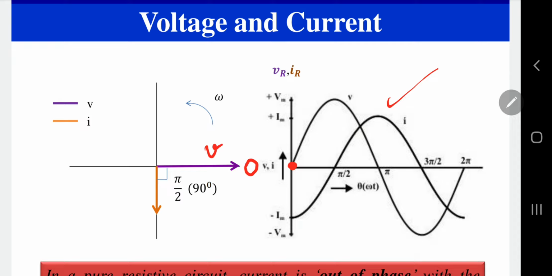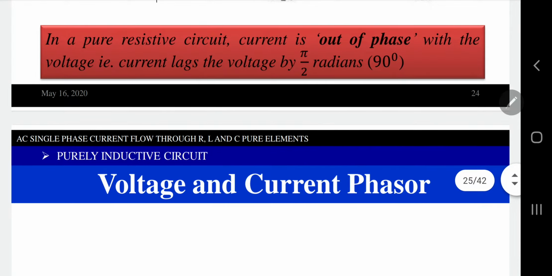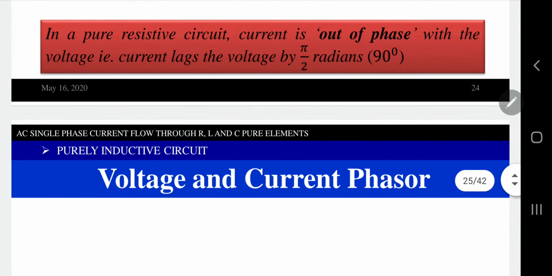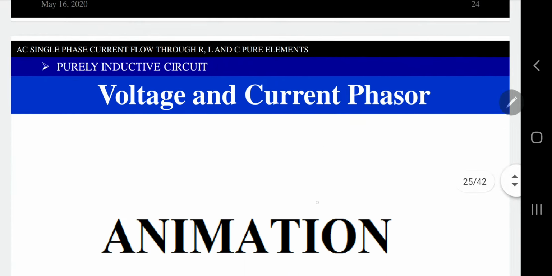Now what about the current phasor? You can see that it is lagging behind the voltage by pi by 2, and it is represented like this. So this is the current phasor. It is written here that in a purely inductive circuit, the current is out of phase with the voltage, and the current lags the voltage by pi by 2 radians.